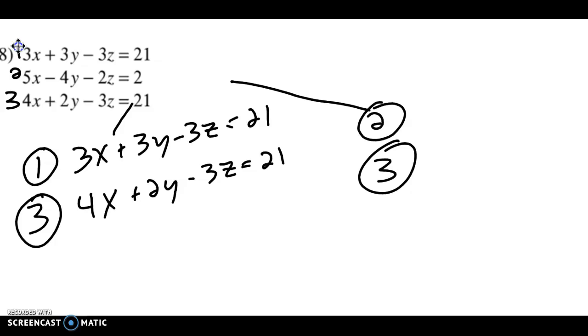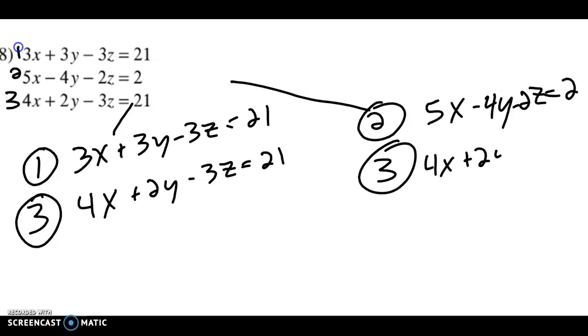All right? On this side, for equation 2, we have 5x minus 4y minus 2z is equal to 2. And then we have 4x plus 2y minus 3z is equal to 21.